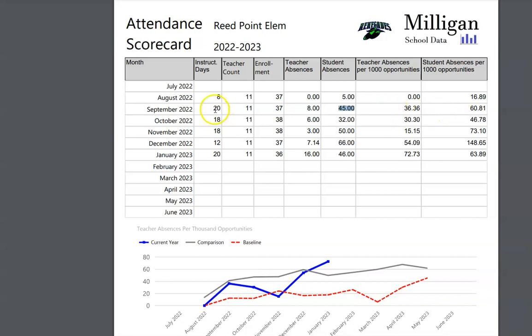And this scorecard looks at both student absences as well as teacher absences. So for that same month, there were 20 instructional days, there are 11 teachers, and so we use that same methodology. 8 absences is going to be 36.36 teacher absences per 1,000 opportunities. And so that's your raw data there.